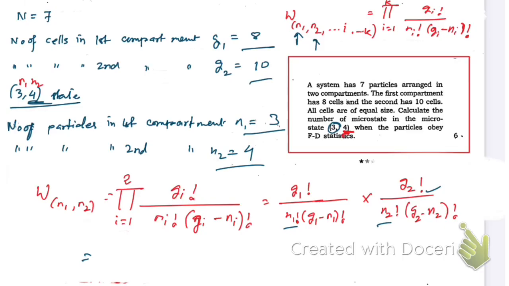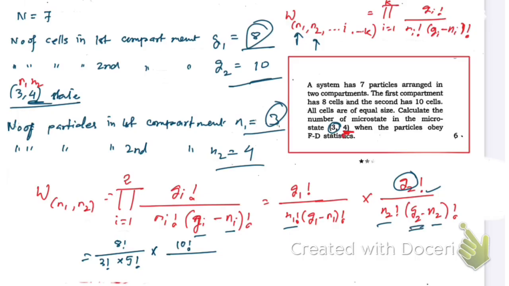Putting those values we're gonna get 8 factorial divided by 3 factorial into (8 minus 3), that is 5 factorial, then into 10 factorial divided by 4 factorial into (10 minus 4), that is 6 factorial, right? That's what we will get.